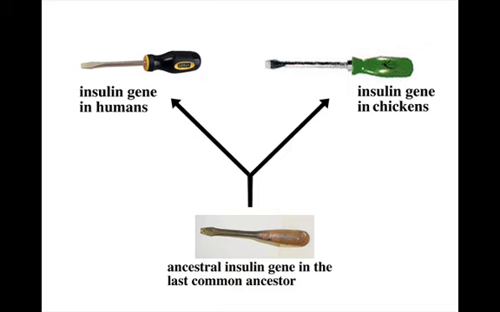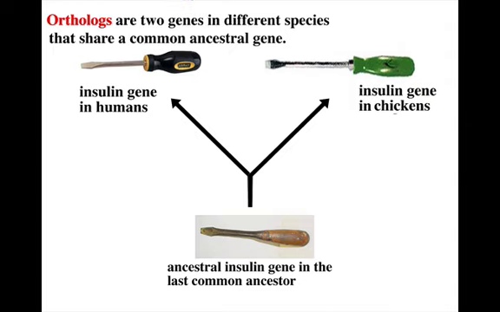The interpretation is that those matches occur because we evolved from a common ancestor that had an ancestral insulin gene, another screwdriver that looked quite a bit like the modern insulin proteins, but had some differences. And we'll talk a lot about that concept in this course, and this concept is given a term.